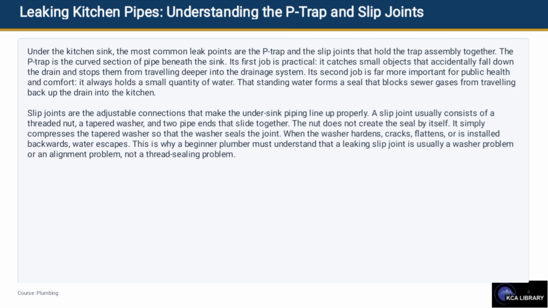The nut does not create the seal by itself. It simply compresses the washer so that the washer seals the joint. When the washer hardens, cracks, flattens, or is installed backwards, water escapes. That is why a beginner plumber must understand that a leaking slip joint is usually a washer problem or an alignment problem, not a thread sealing problem.